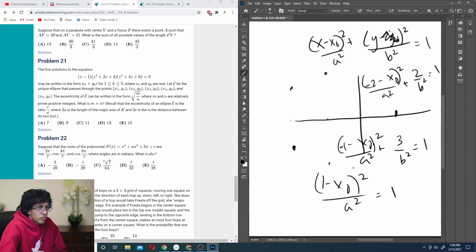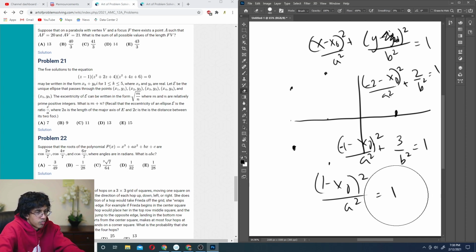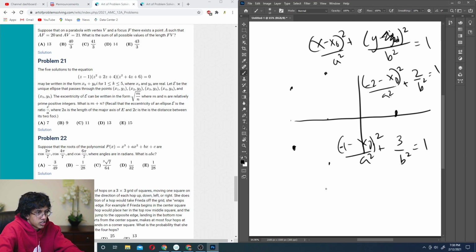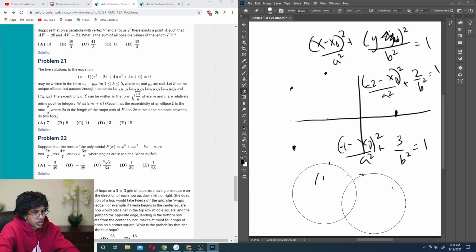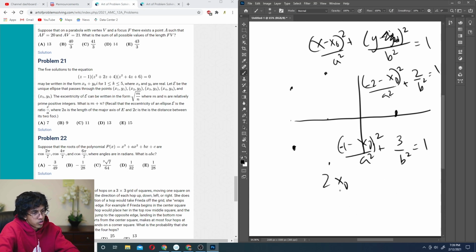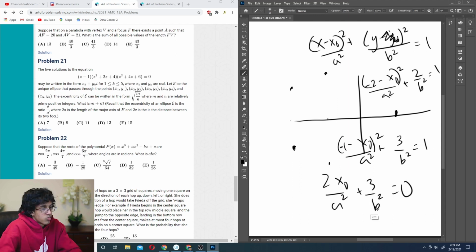Alright, so now we gotta somehow solve this. Okay, well, we could find x over a in terms of this. Let's subtract this one from this one. So if we square it, we get positive 2x. So we can essentially get 2x0 over a squared plus 3 over b squared is equal to 0, which is pretty useful, right?